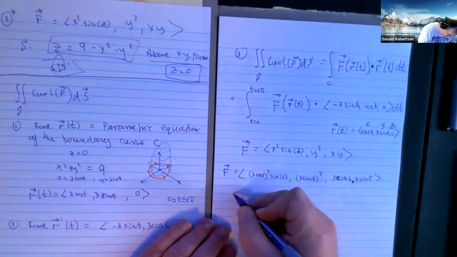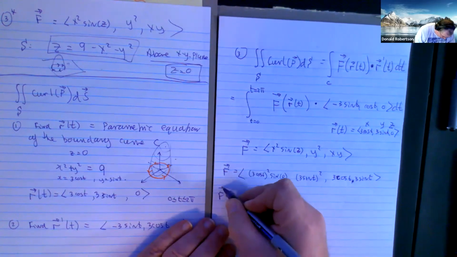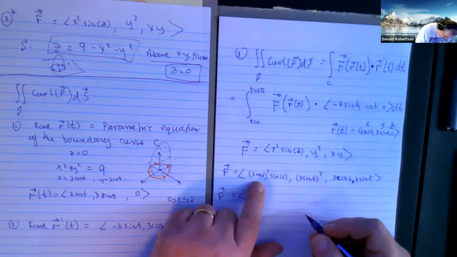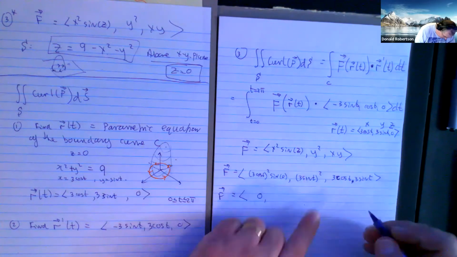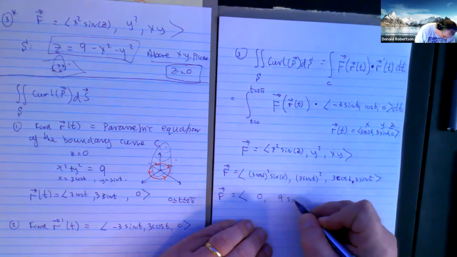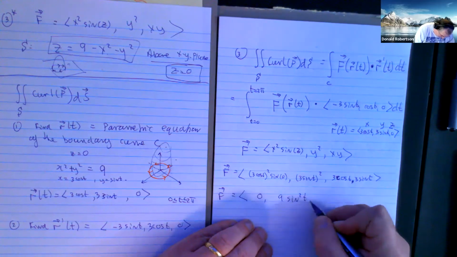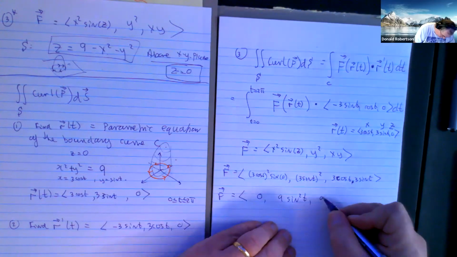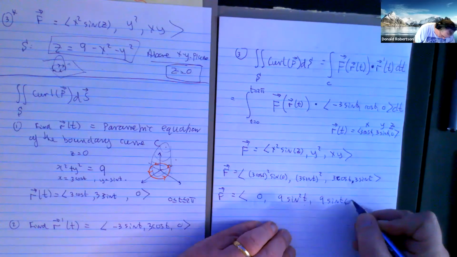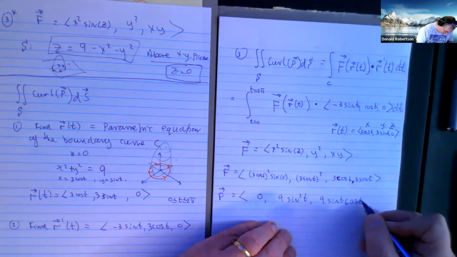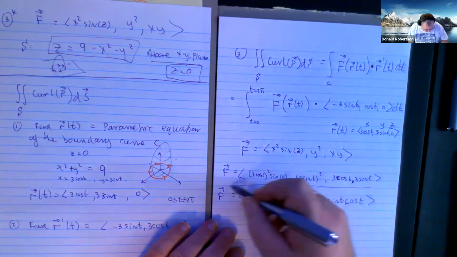That's going to be 9 sine squared t, and that's going to be 9 sine t times cosine t. So I've got my f now in terms of t.